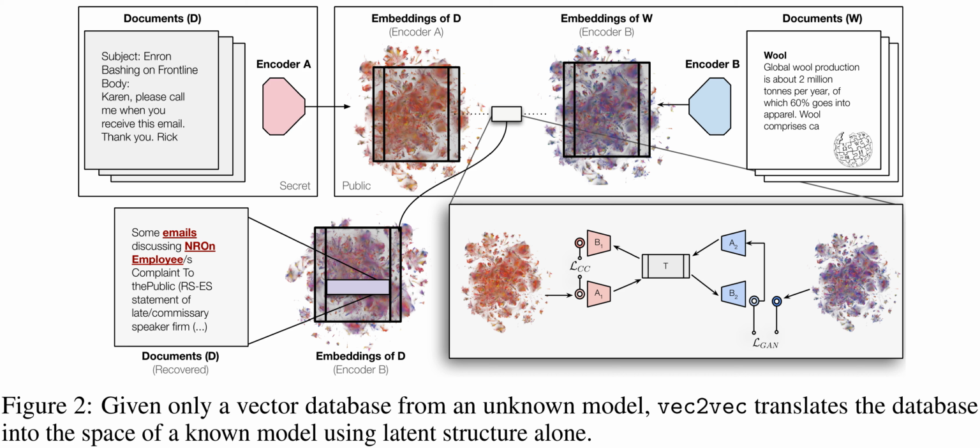Okay, so let's try and wrap this up. Vec2Vec seems like a genuinely significant development. I think so. It provides a way to translate text embeddings between different AI models without needing any supervision or paired data. It learns this translation by finding a common latent semantic space. And this provides really strong evidence for the strong Platonic representation hypothesis, the idea that AIs are converging on a universal way to understand meaning. It certainly points strongly in that direction.